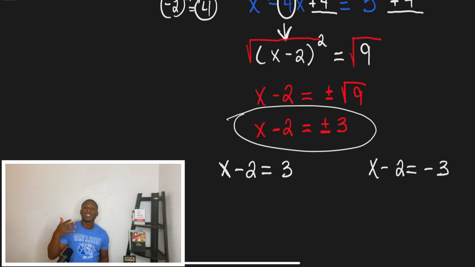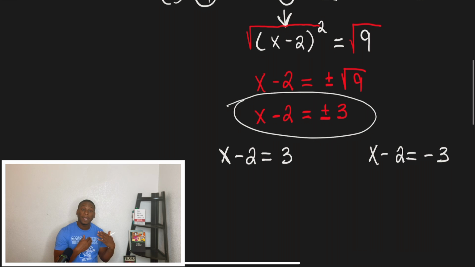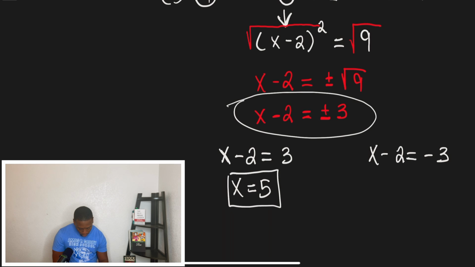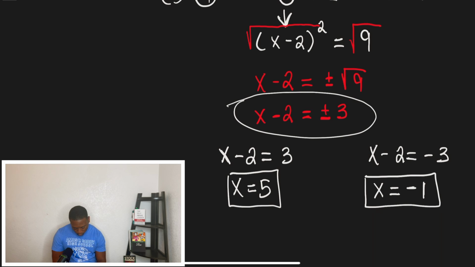So at this very last step, guys, what we're going to do now is solve for x. So we solve for x, and we're going to get x is equal to 5, or we're going to say that x is equal to negative 1.